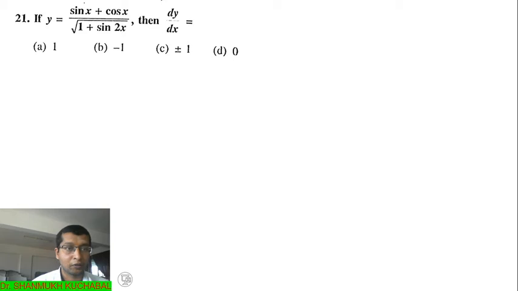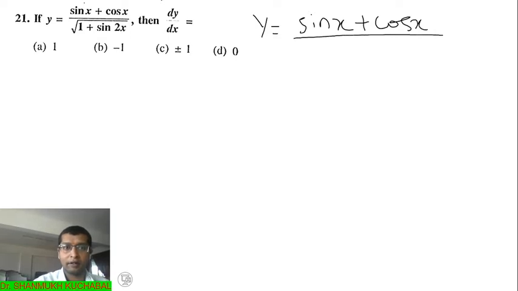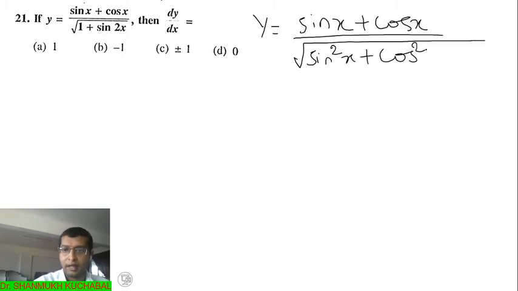Example number 21: it is given that y equals (sin x plus cos x) divided by the square root of (1 minus sin 2x), where 1 is sin square x plus cos square x, and sin 2x we can write as 2 sin x into cos x.